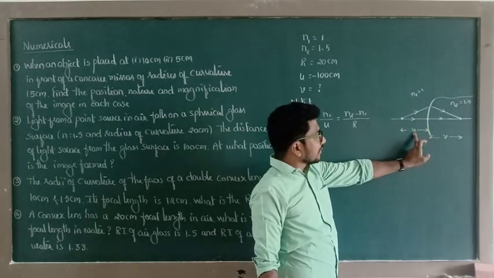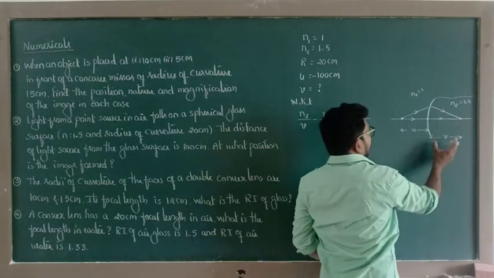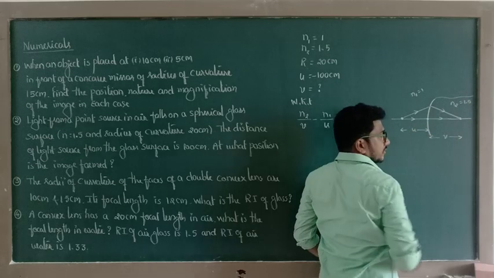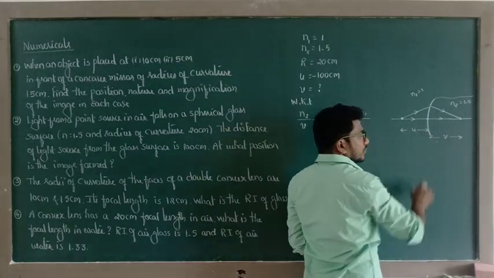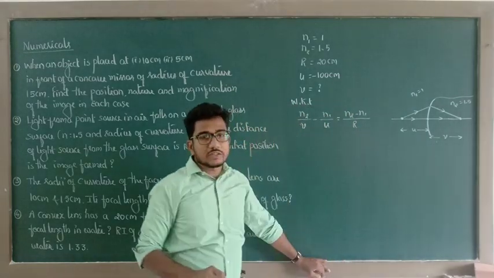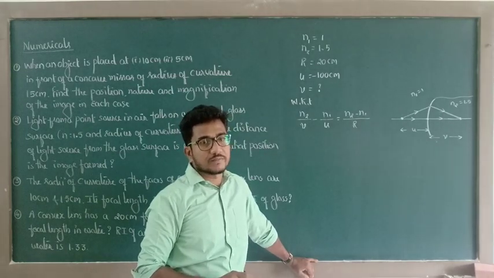If u is in terms of negative sign, the direction of measurement of image distance is in the direction of incident light. Therefore, we should get this v value in terms of positive sign. Like this, without calculation we can guess the sign convention of the result.